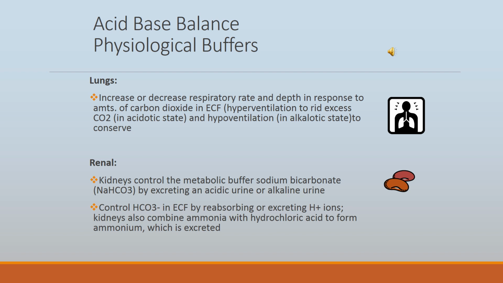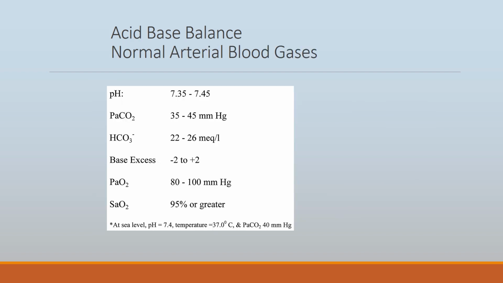So the kidneys can either produce or excrete the bicarb, whatever is needed. So pretty much they're the regulatory systems of the body to maintain pH balance. And SaO2 tells you the oxygenation, by pulse oximetry.